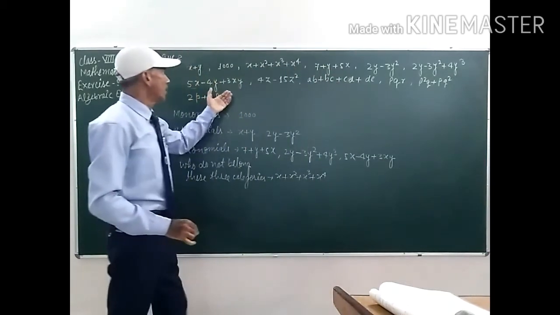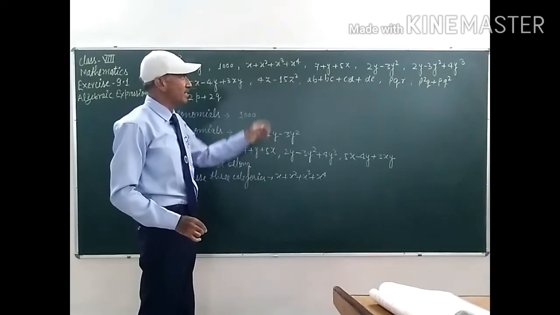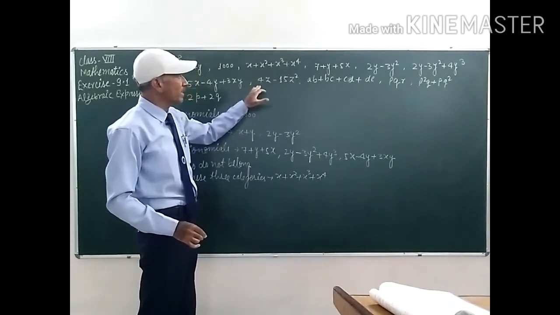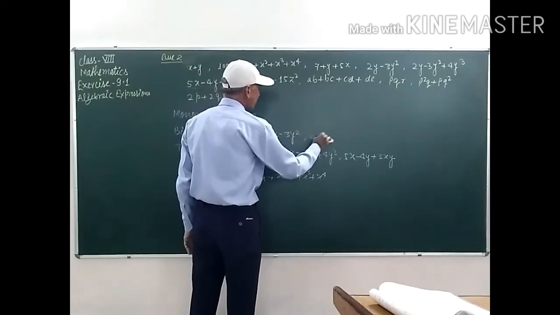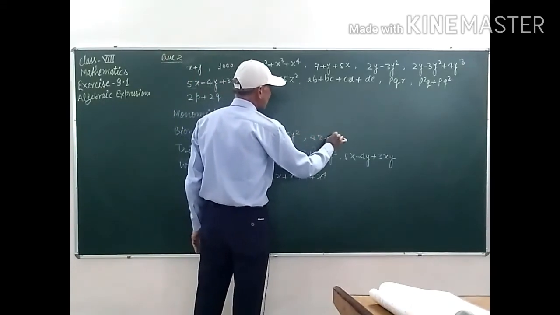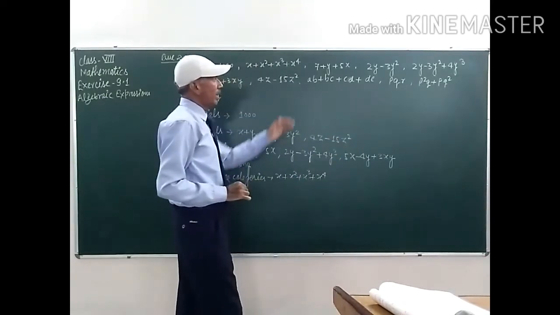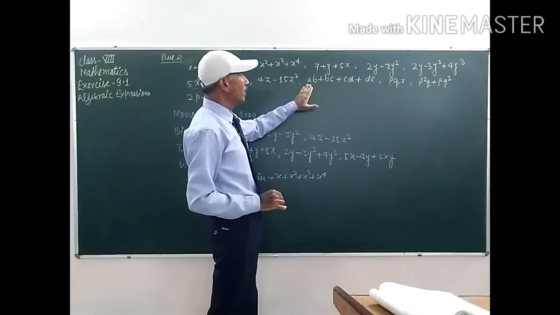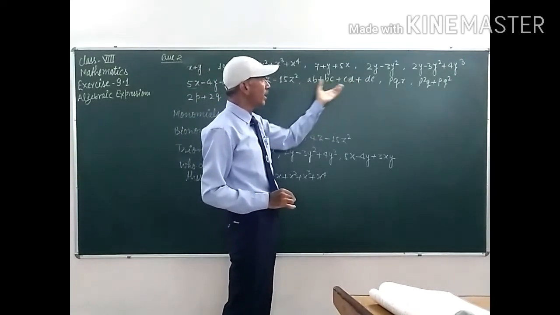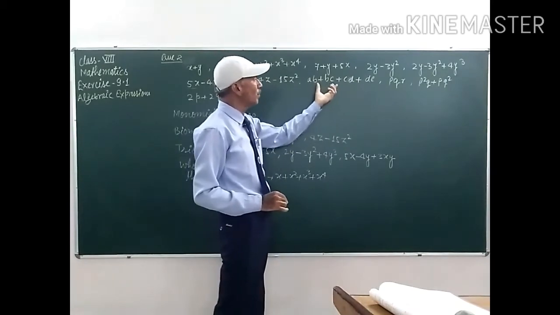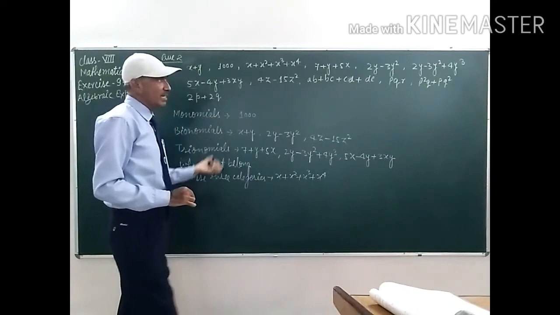And the next term is 4z minus 15z square. There are two terms, so it is a binomial. Okay, 4z minus 15z square, and this one, ab plus bc plus cd plus de. There are four terms, so you have to write it in the category that does not belong to these three categories.